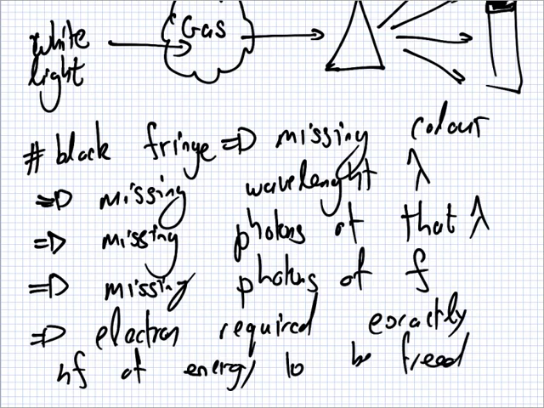So the photon is missing because that photon had the right amount of energy to free a particularly trapped electron. And I think this is where we stopped yesterday.